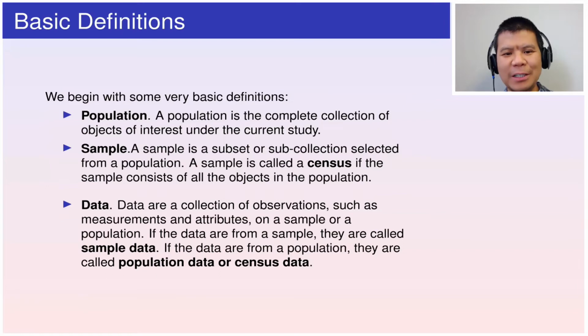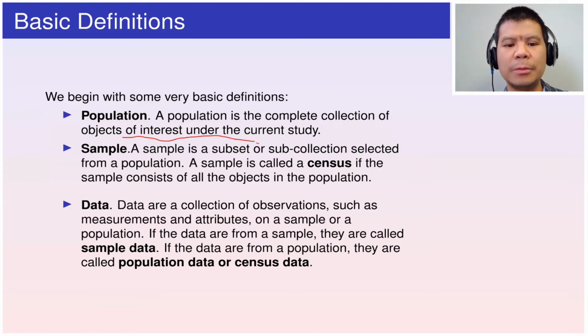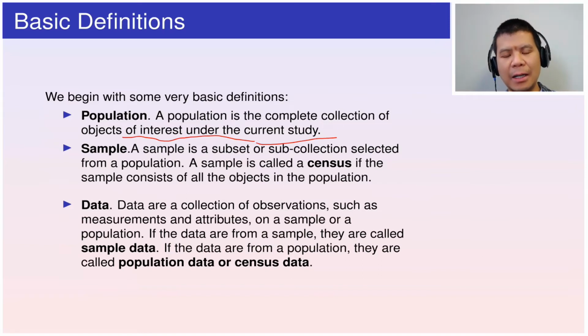A population is a complete collection of objects of interest under the current study. Be careful, it is subject to a study. So a population is a complete collection of objects of interest under the current study.